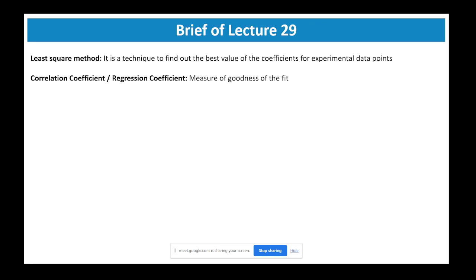So this method is nothing but known as the least square method, where you find out R square. R square is known as the regression coefficient, and it is the measure of goodness of the fit.